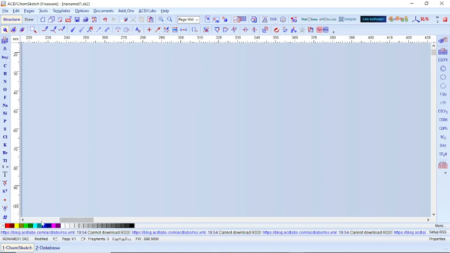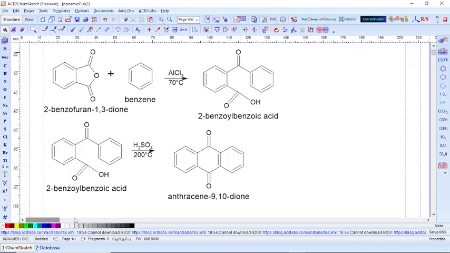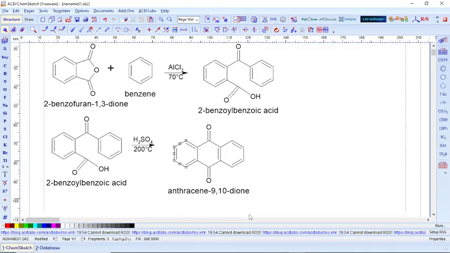Now, from my screen, let's assume that this is the synthesis we want to do, and this is our target. Let's say we want to synthesize anthracene-9,10-dione, and this anthracene-9,10-dione is new, and you begin to ask yourself some questions.